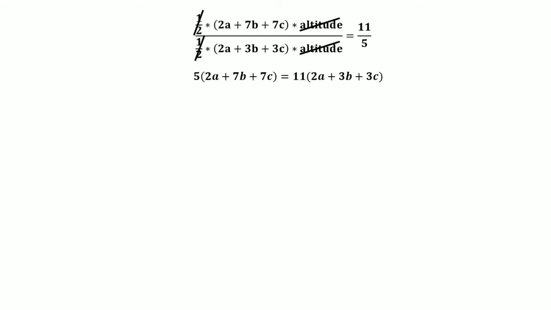After opening the brackets, 10a plus 35b plus 35c equals 22a plus 33b plus 33c. So finally 2b plus 2c equals 12a, so b plus c equals 6a.